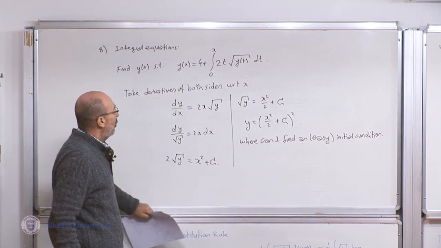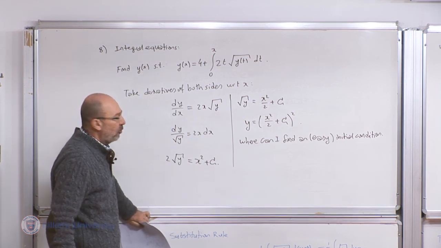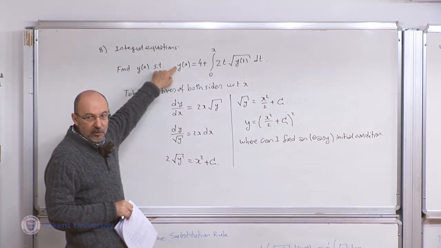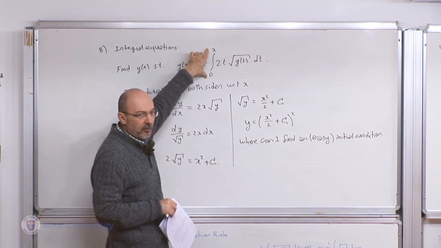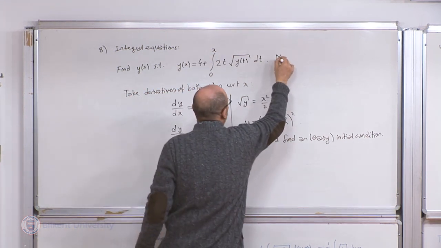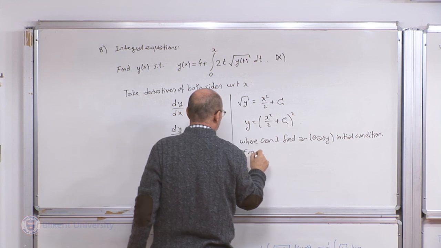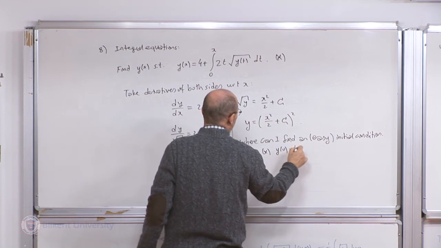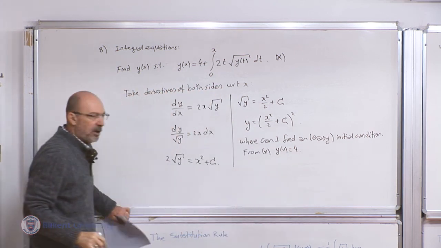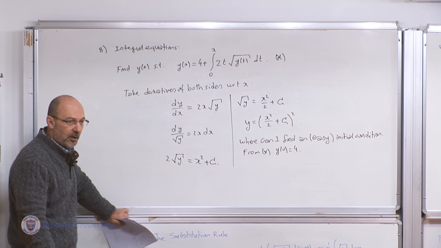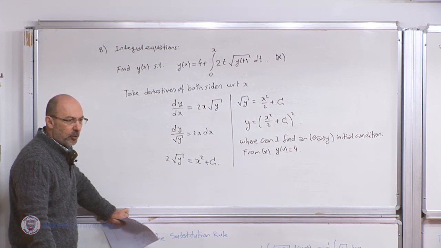Looking at this, for which value of x can you evaluate the value of y? 0, because you want to get rid of this integral. So from star, y of 0 is equal to 4. This is how you get your initial conditions in integral equations. You just kill the integral by an appropriate choice of the value.